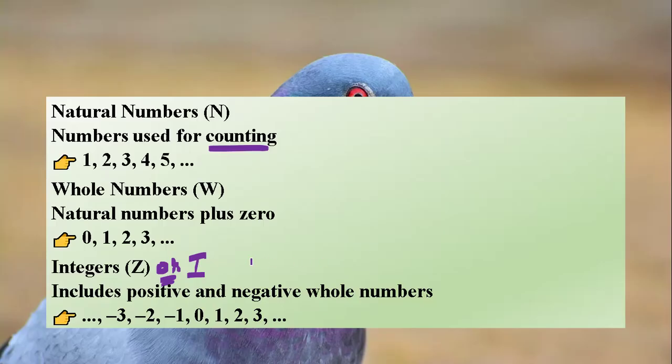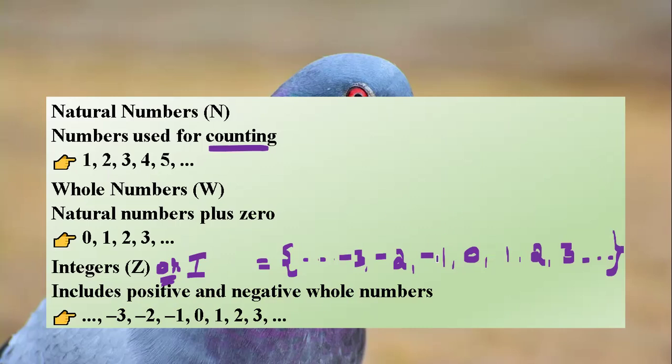That means I is equal to the set of all ..., -3, -2, -1, 0, 1, 2, 3 and so on. These are integers, the set of negative and positive numbers including 0.